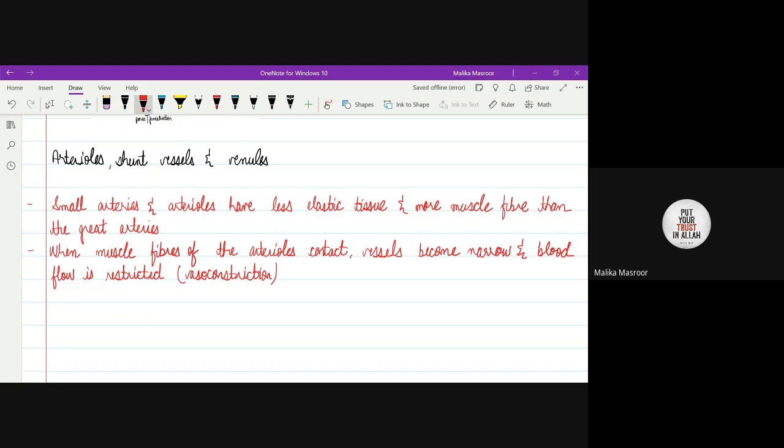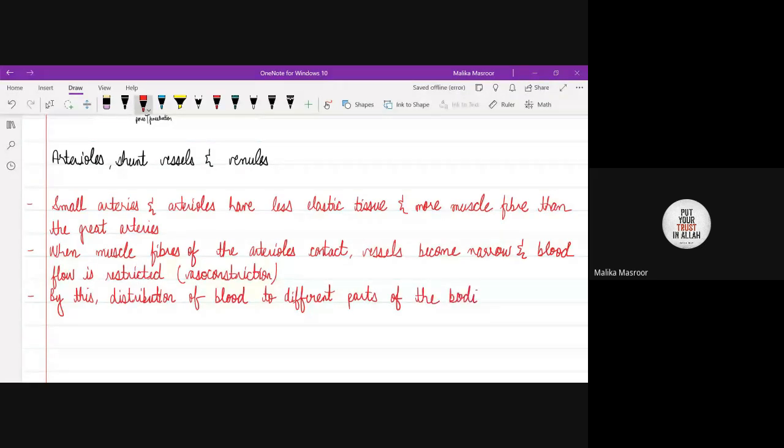Due to this, the distribution of blood to different parts of the body can be regulated.